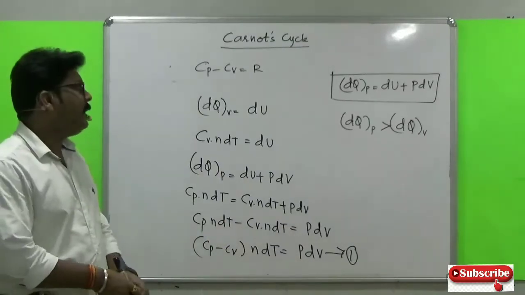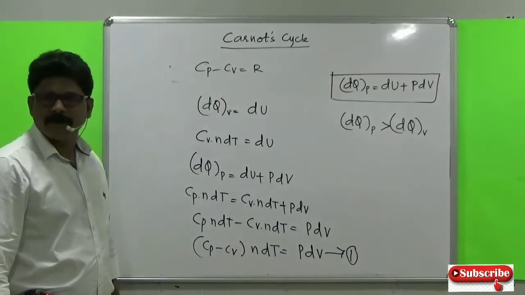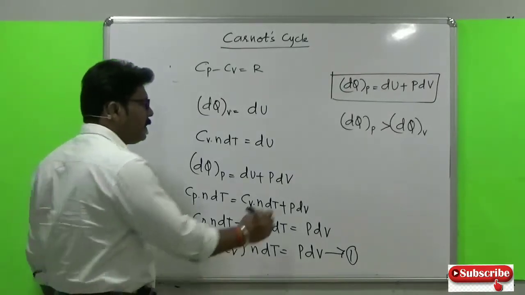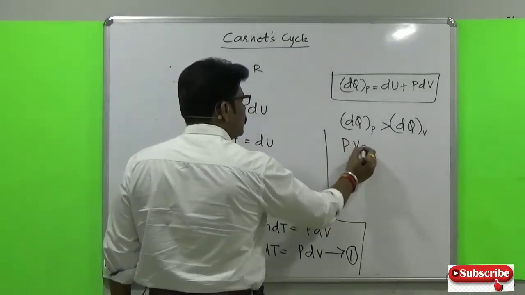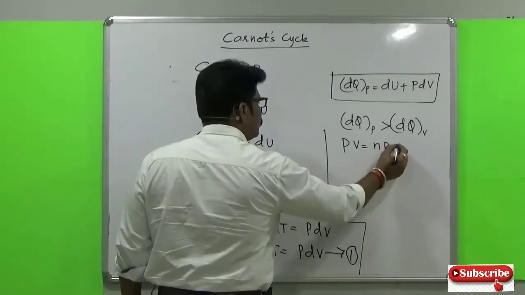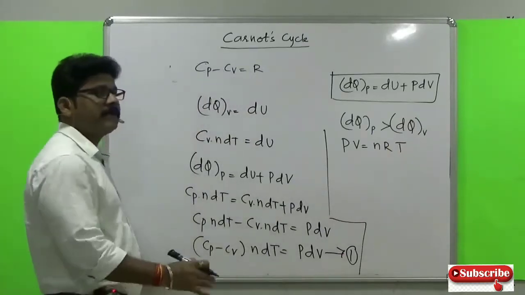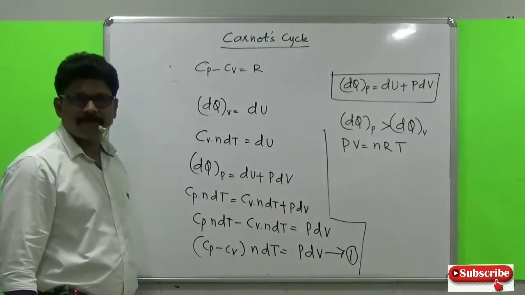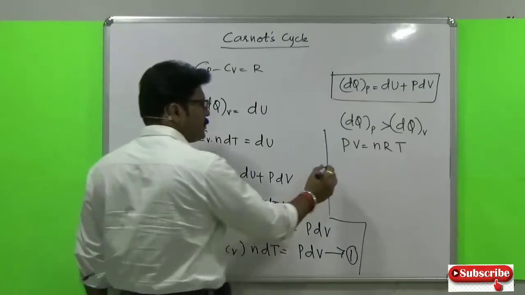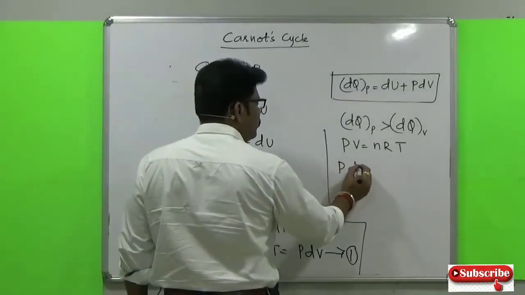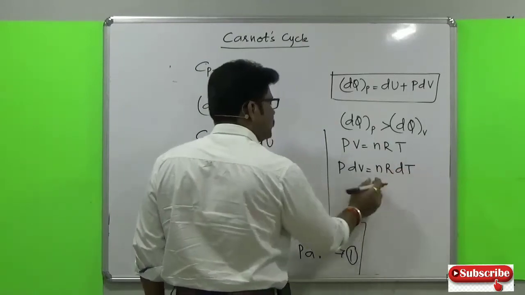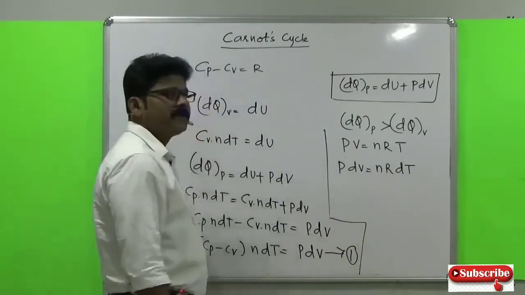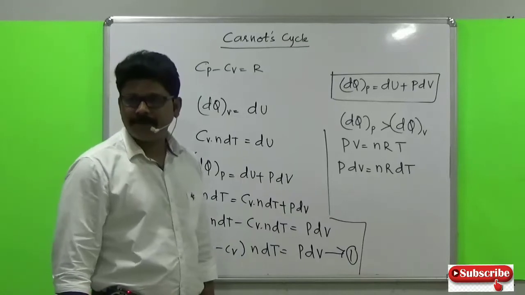We'll take a ideal gas equation for this one. For the ideal gas equation, PV is equals to nRT. Pressure को constant लगाओ. Volume is changing, that is P into dV equals to n into R into dt. सही बात है. n is constant, R is constant, temperature is changing.